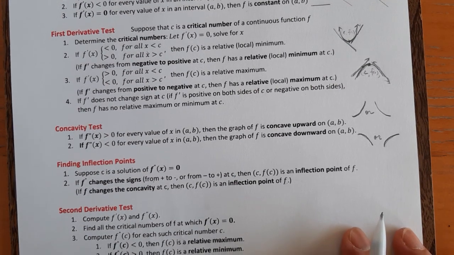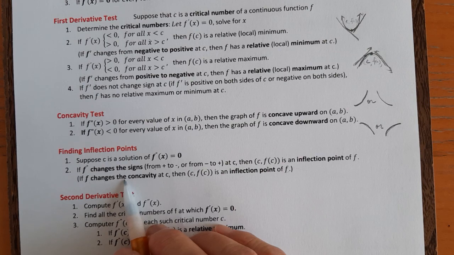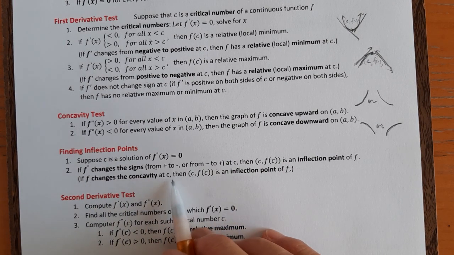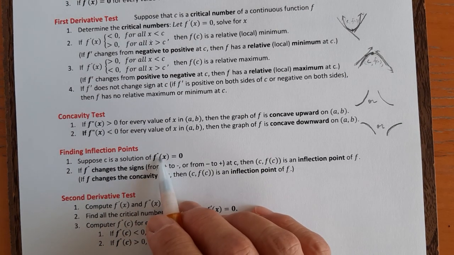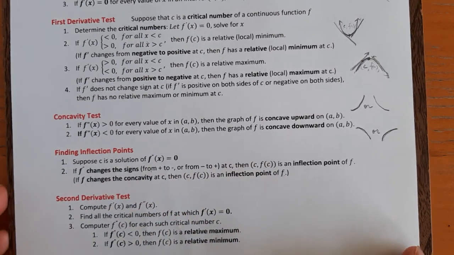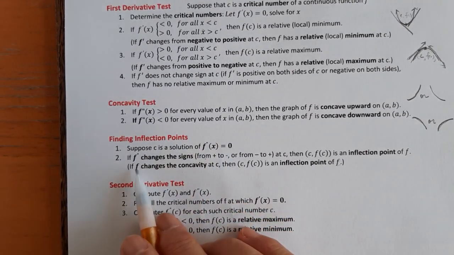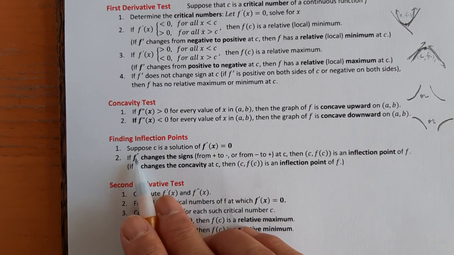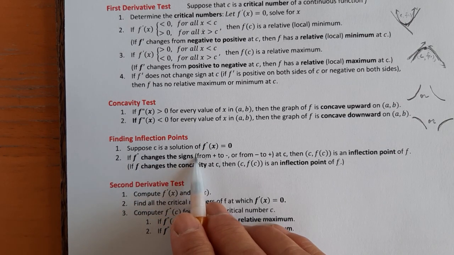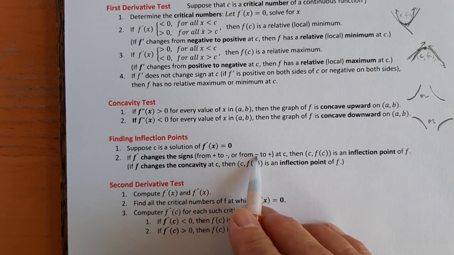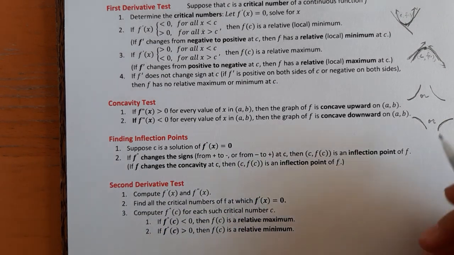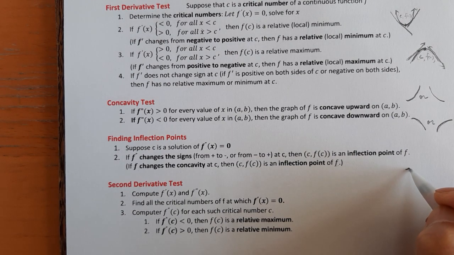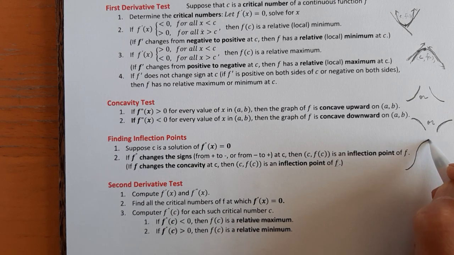So what is an inflection point? It is where the concavity changes, the sign changes. If you find the second derivative equals 0, and the second derivative changes sign from positive to negative or from negative to positive, that means the concavity goes from concave upward to concave downward.